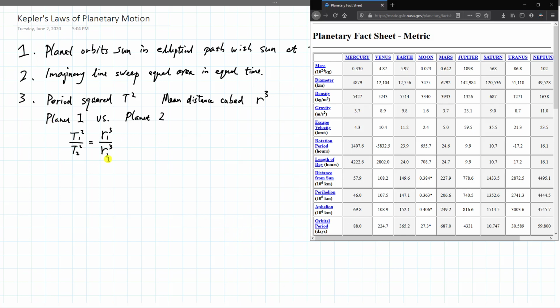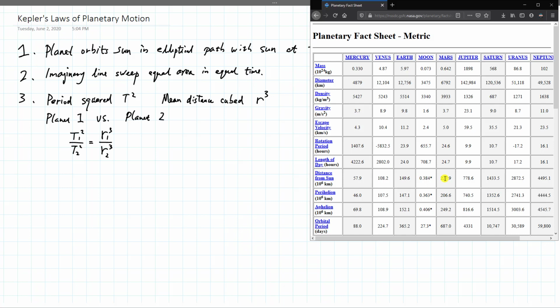We'll pick two different planets. Since we have Earth, let's pick Earth. Let's also pick Mars. So Earth and Mars, and we're looking at the distance to the Sun. We have 149.6, and we'll just do 150. And Mars is 228. So 150 versus 228.